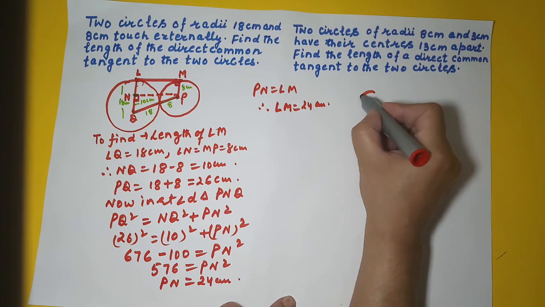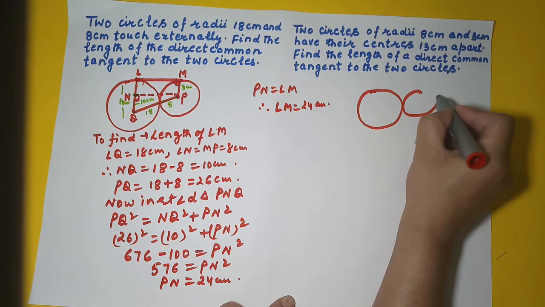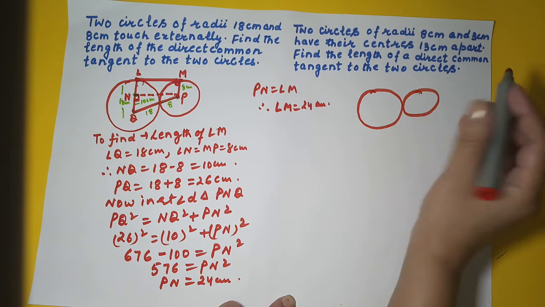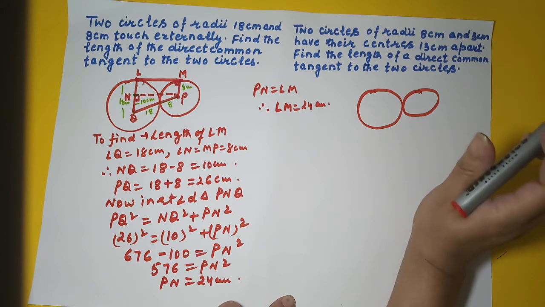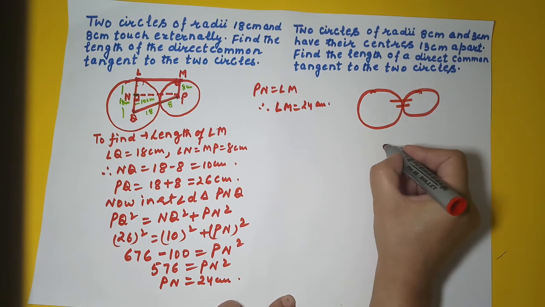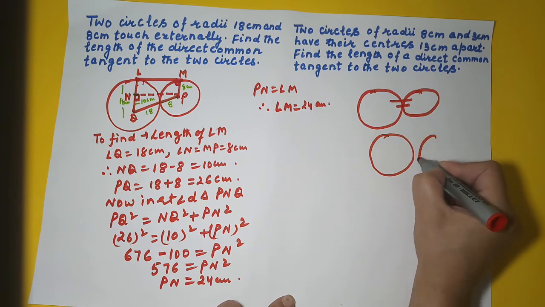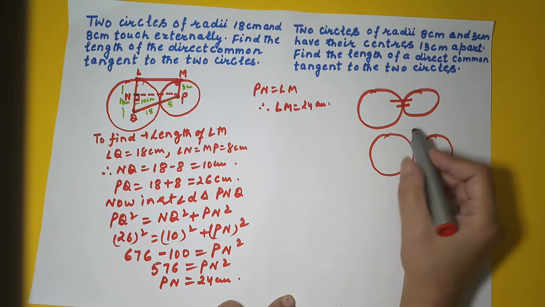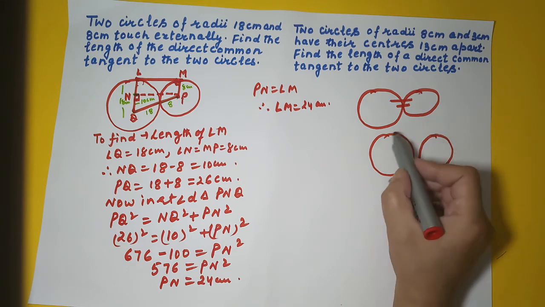So we have two circles like this, and they are not touching. They are 13 centimeters apart. This is a bigger circle. This is a smaller circle, and their centers are 13 centimeters apart. Find the length of a direct common tangent to these two circles.